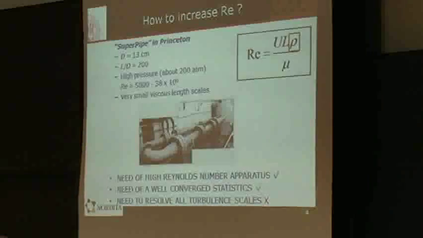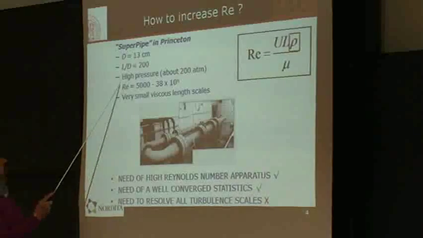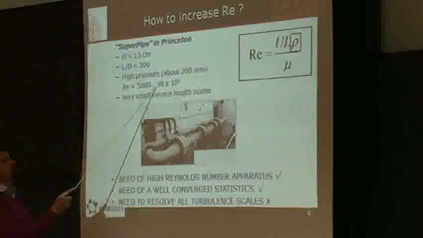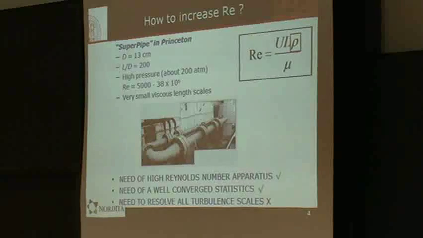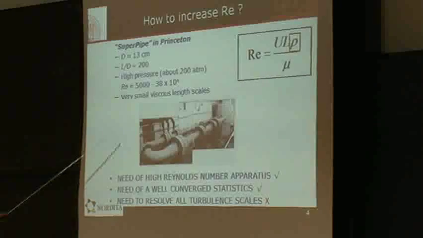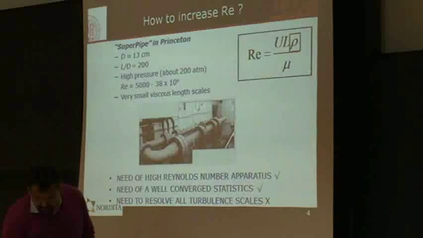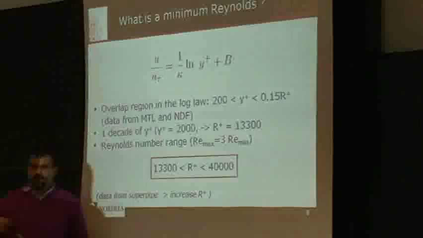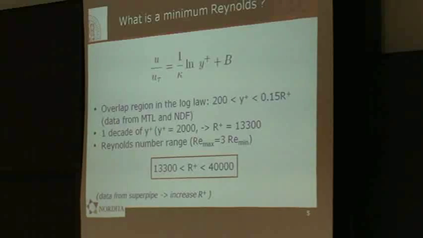With this type of facilities, you can get very high Reynolds number, up to 40 billion. But of course, you have to deal with very small viscous length scales. So this motivated us to try to find a kind of new experiment.